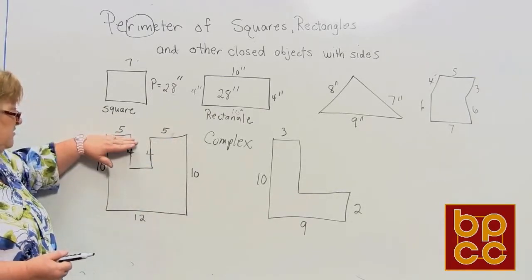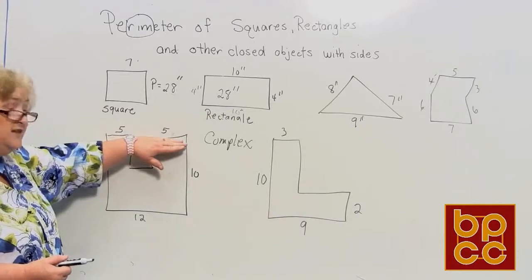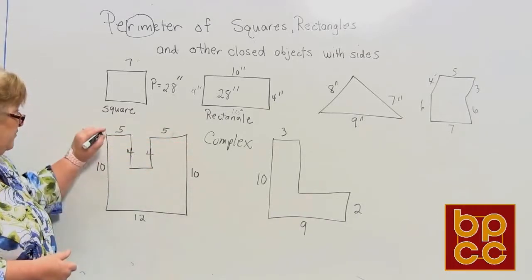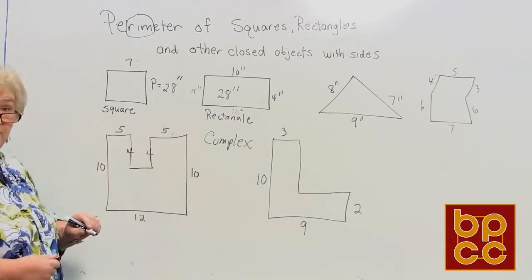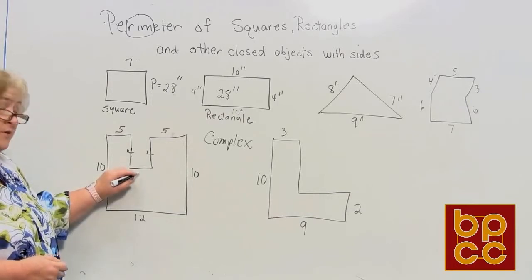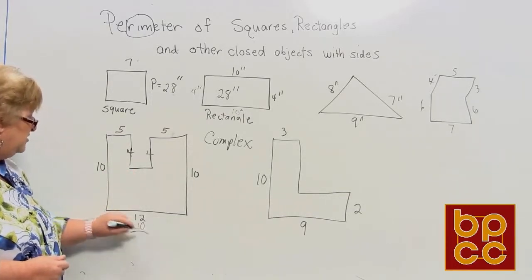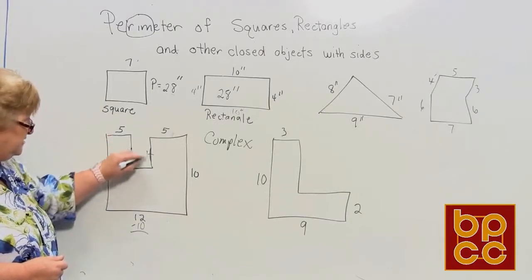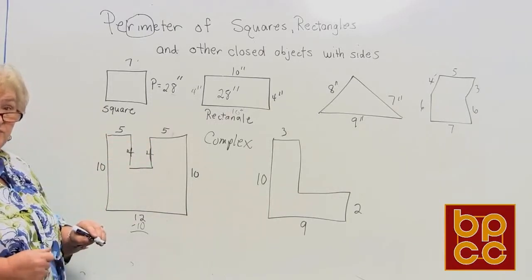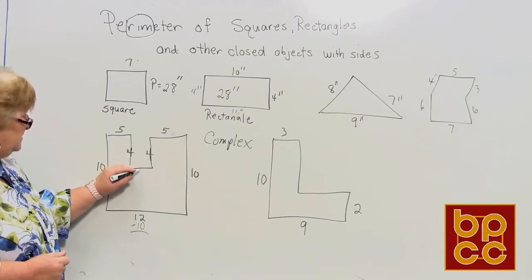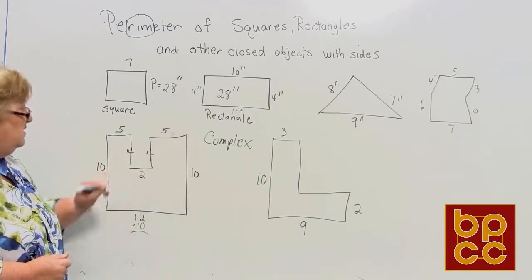Well, we already know that that's 5, and we know that's 5. So if we already have 10 in place, then I think we can pretty much know what this is going to be. I'm going to take 10 away from 12 because I know that this and this have to add up to 12. So it looks to me like this is going to have to be a 2.